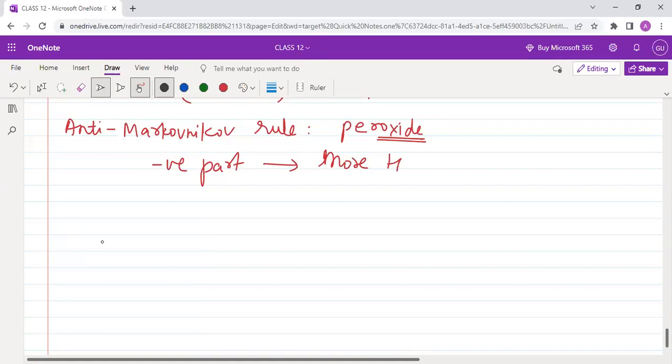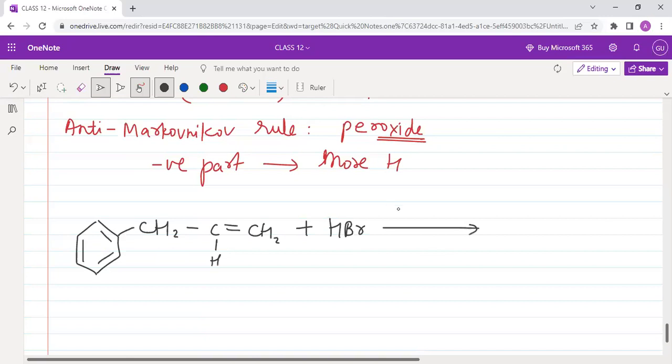Fine. So I'll give you one example to explain. We have benzene ring, then we have CH2, CH double bond CH2, and the reaction is with HBr, and along with it, peroxide is present.